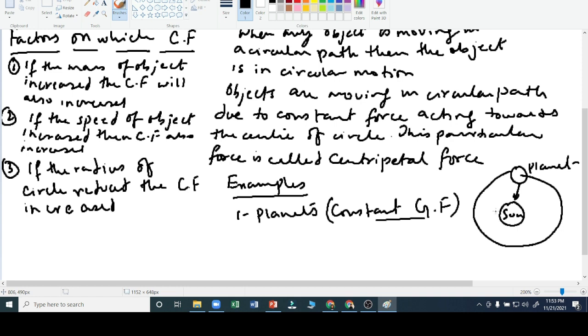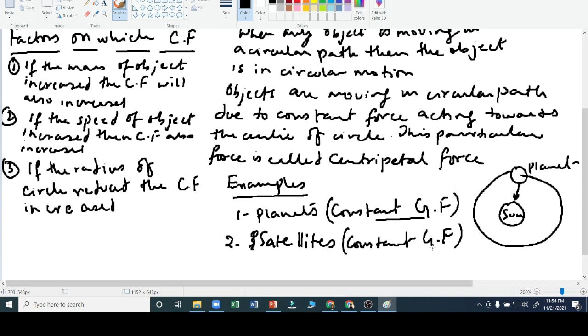Now we can take an example of a satellite as well. Satellites are also orbiting around the earth. Between the satellite and the earth there will also be a constant gravitational force that is acting towards the earth.